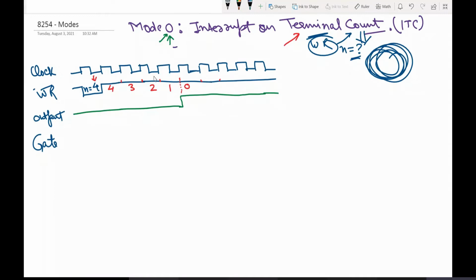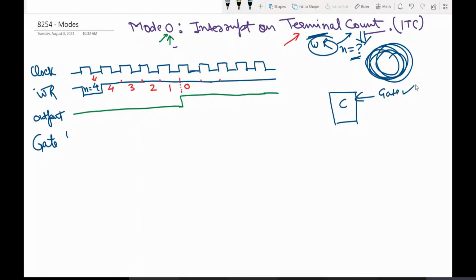Okay then, but this waveform does not have any effect of the gate. We have to show the effect of the gate also. What happens if the gate goes low in between? Because the gate has to be 1 always, then only the counter will be operating. If you remember the block diagram we have seen, every counter has 2 inputs.